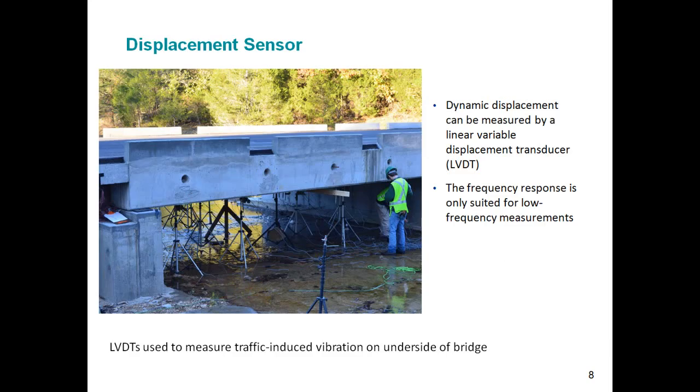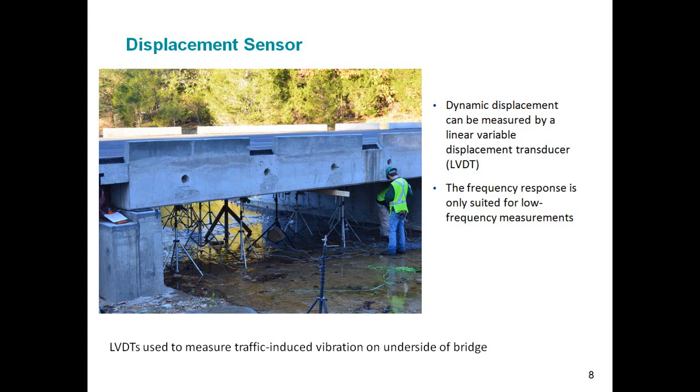Now we can also measure displacement directly, and one way of doing that is through what's called a linear variable displacement transducer, LVDT. So here we have kind of a bridge structure, and these LVDTs are being set up and mounted via tripods on the underside of the bridge.